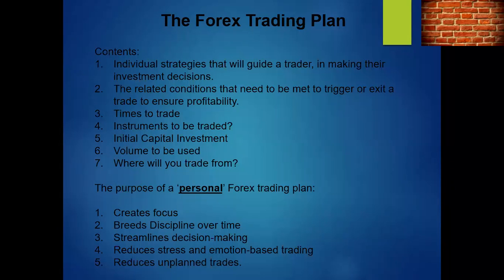By the time you've reached $1,000, you can then start trading 50 cents per pip move or $1 per pip move, dependent on your trading strategy. But whenever you decide to increase your volume or your lot size, document that in your Forex trading plan with a justification as to how you've reached that decision.